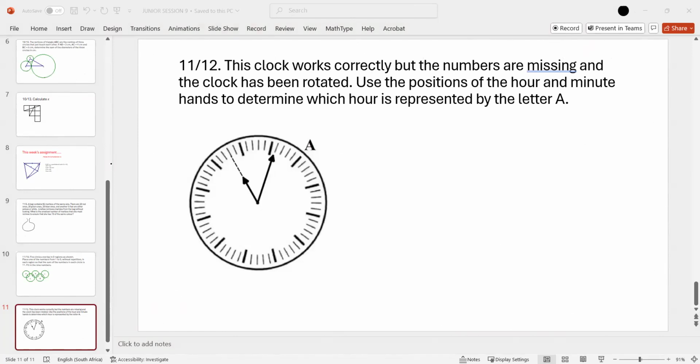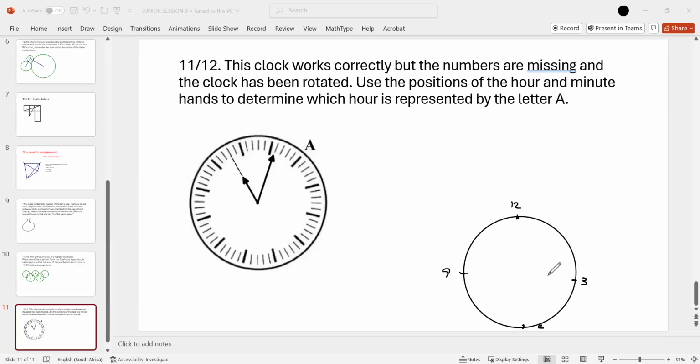If the clock is facing in a proper way, then we would have had something like this. The 12 would have been here. 12 and 3 and 6 and 9 and 1 and 2, 4 and 5 and so on, evenly spaced.